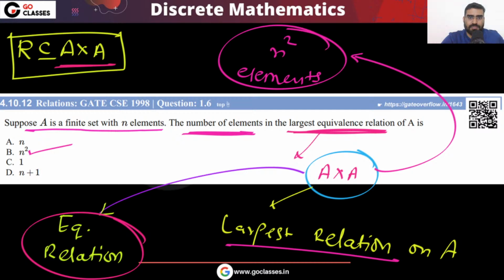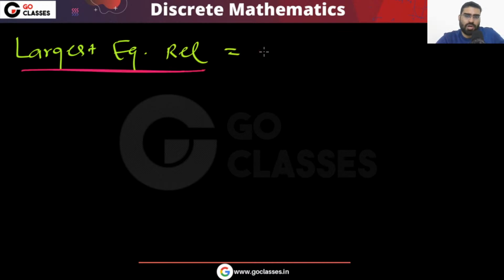Now, see, the largest equivalence relation: if your relation is the largest equivalence relation, then what does it simply mean? It means that you have only one equivalence class.